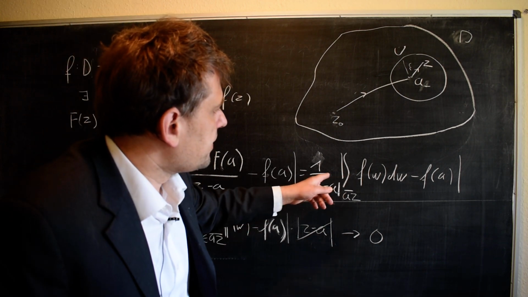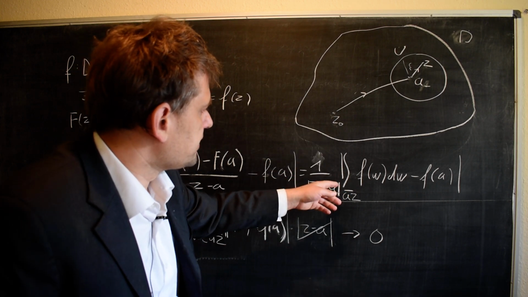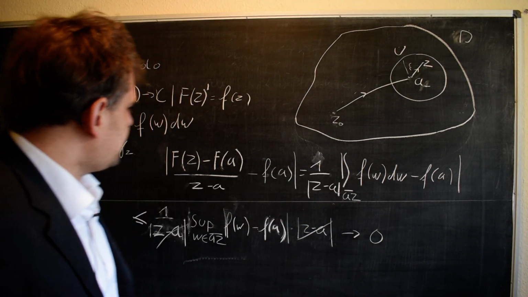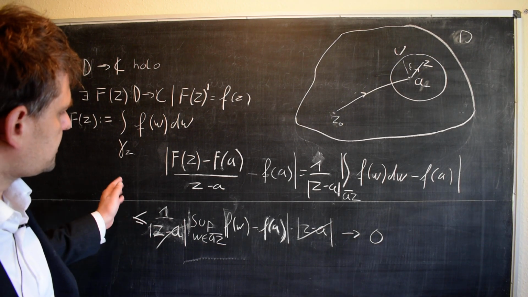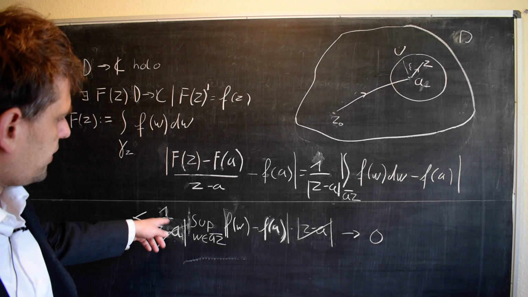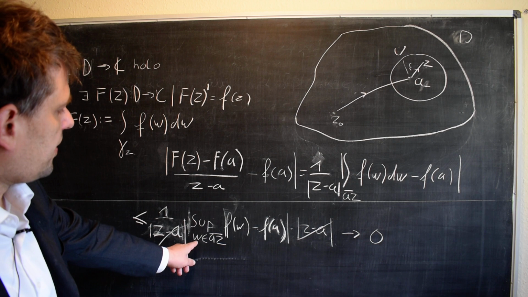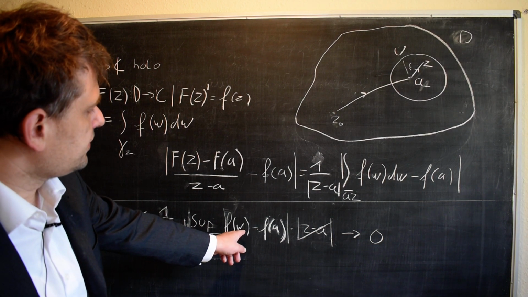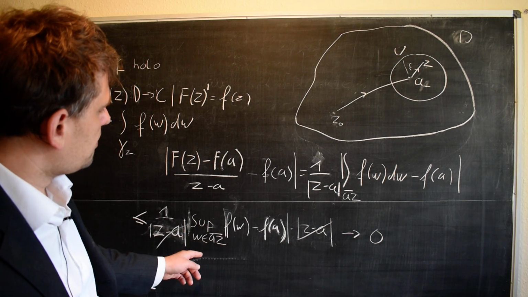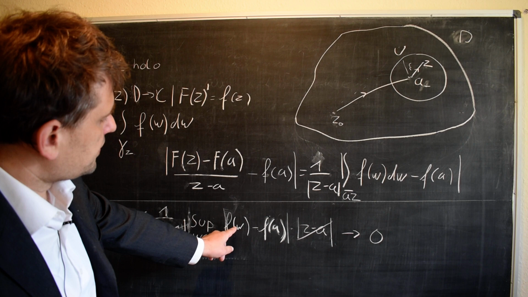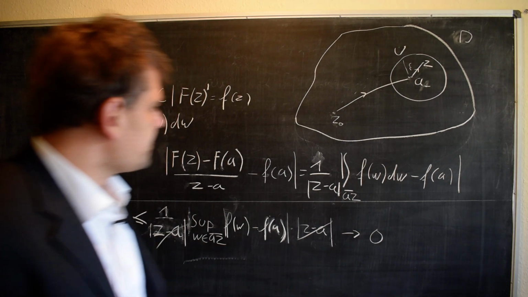So we can use this inequality to say that this integral is smaller or equal than 1 over |z minus a| times the supremum of |f(w) minus f(a)|, where we are taking the supremum over all w in this line segment from a to z.